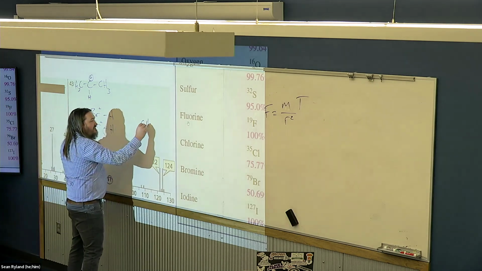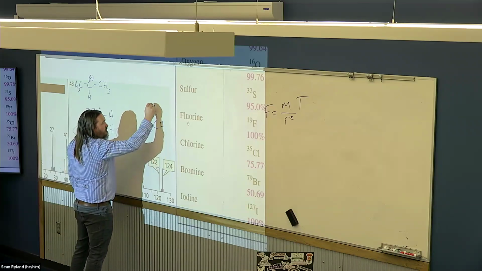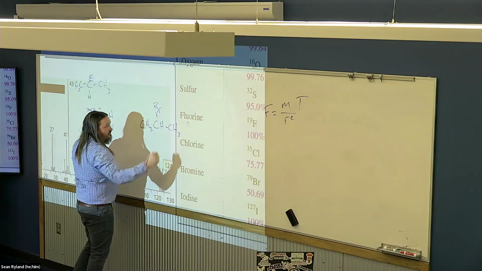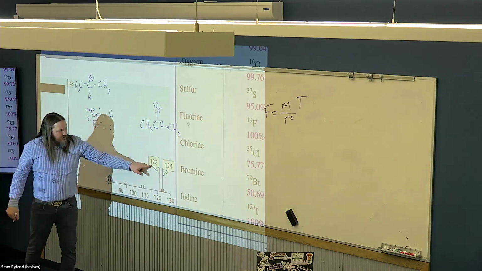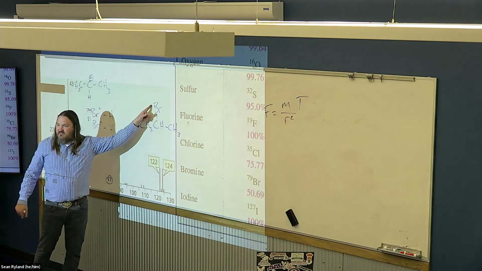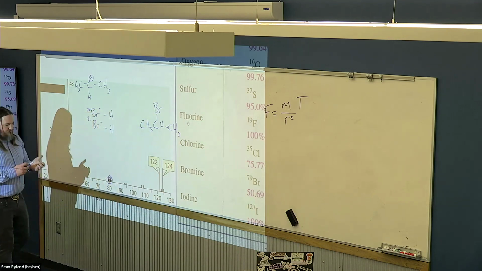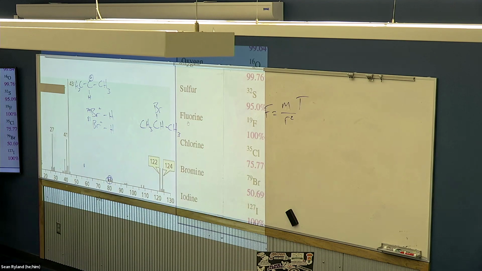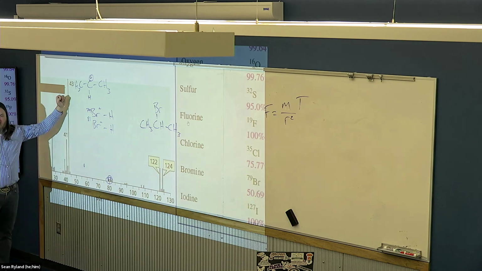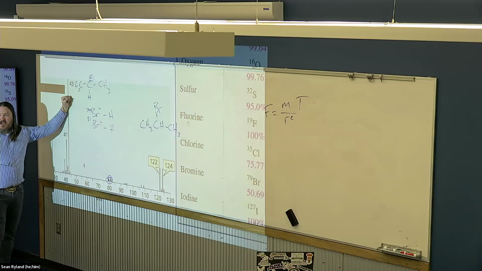So probably this is CH3, CHBr, CH3, because that adds up to 122 and 124, depending on if it's bromine 79 or 81. It also kind of helps with the positive charge that you see, so there's something there that was more or less negative charge. Exactly. The bromine is much more likely to hold on to the extra electron and get the radical. The carbon keeps the positive charge, becoming the carbocation, because the bromine is more electronegative.